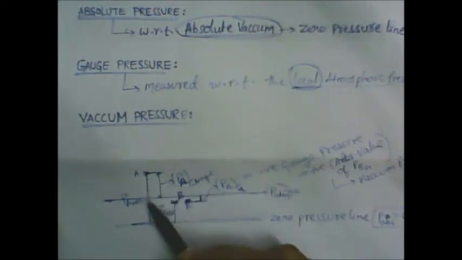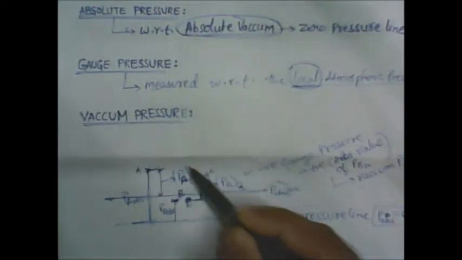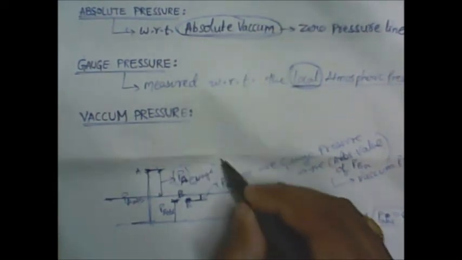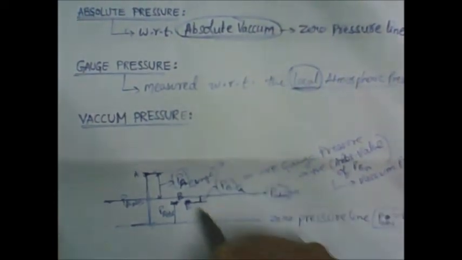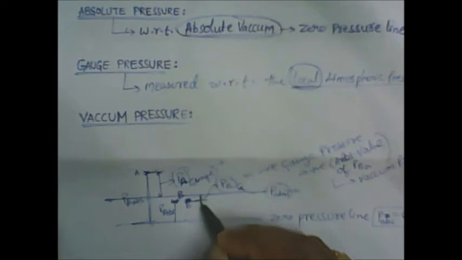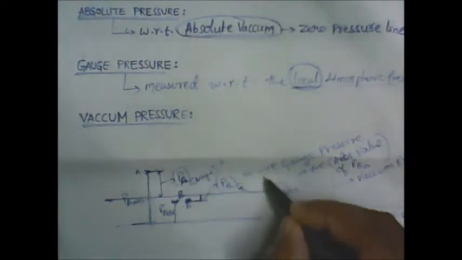In case of A, which is above the atmospheric pressure line, it is a positive gauge pressure and we will take it as it is in the calculations. But for point B, which is below the atmospheric pressure, it gives a negative gauge pressure.